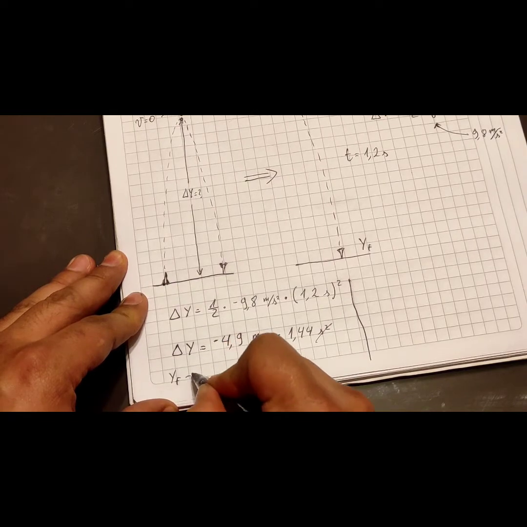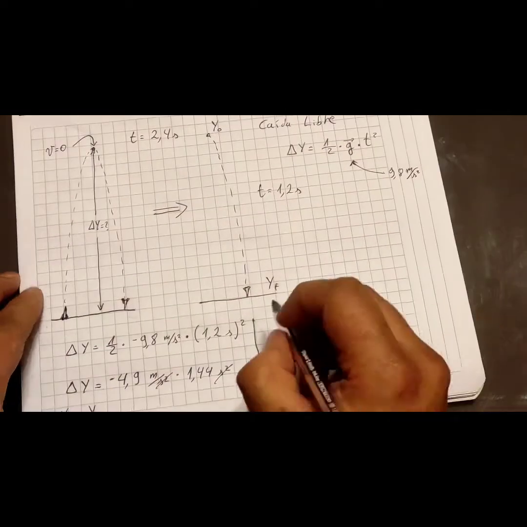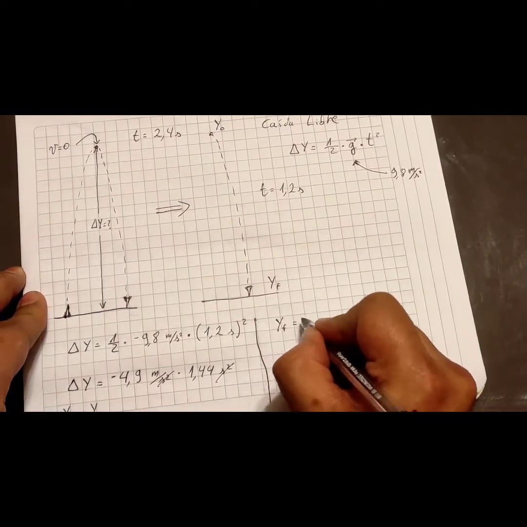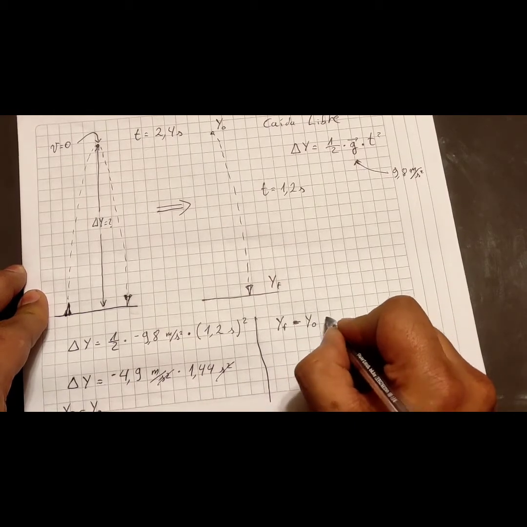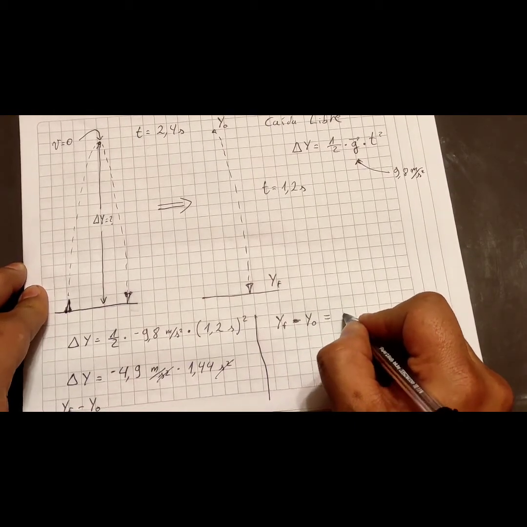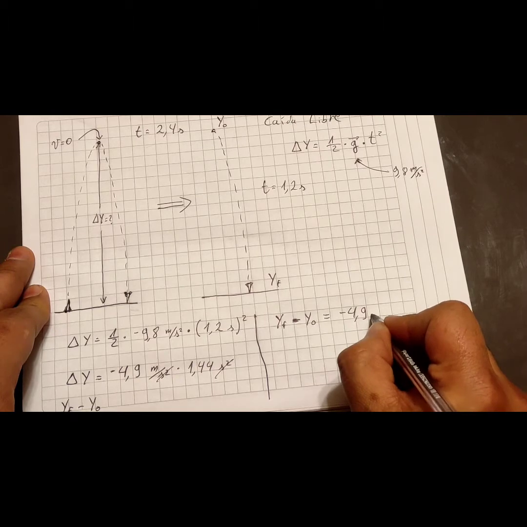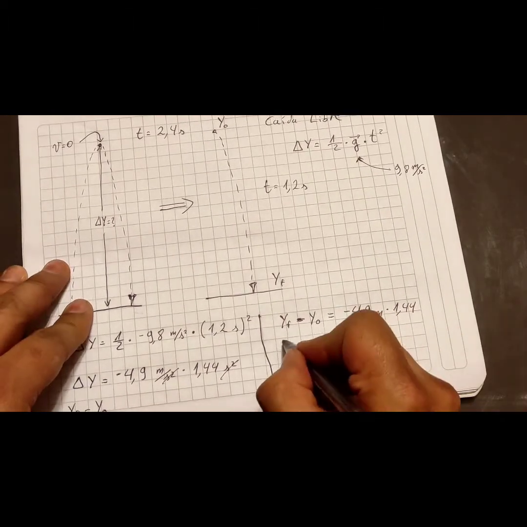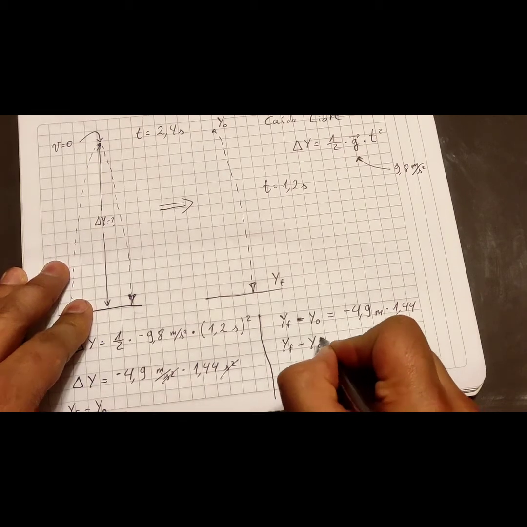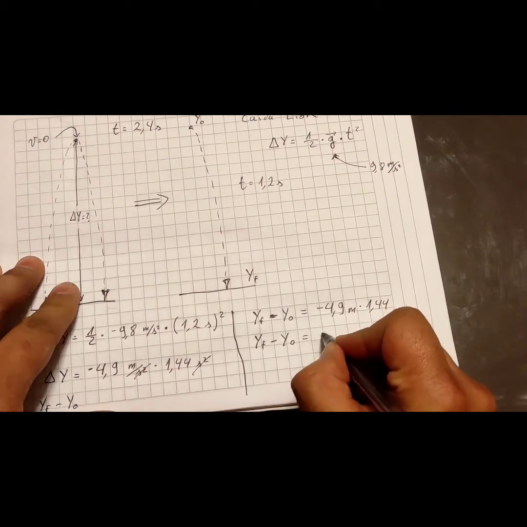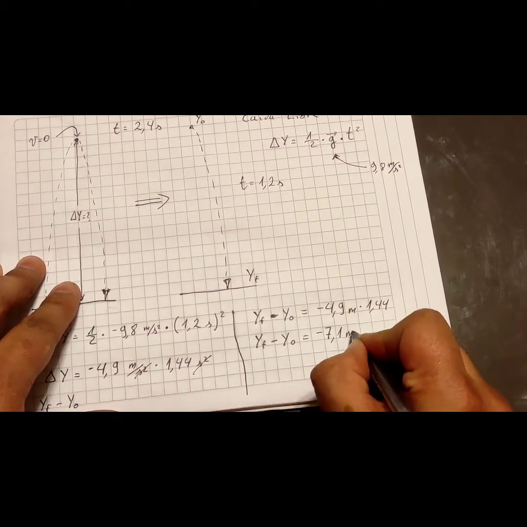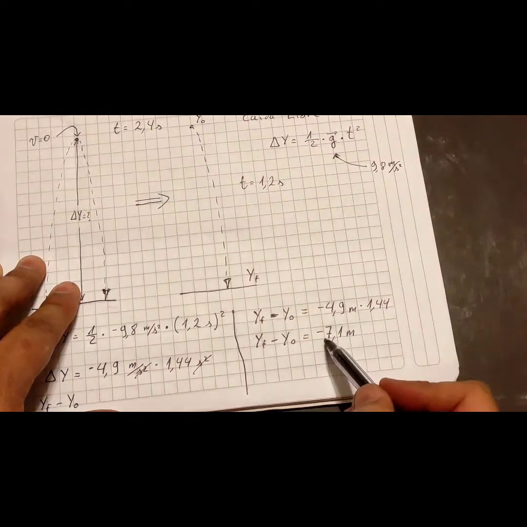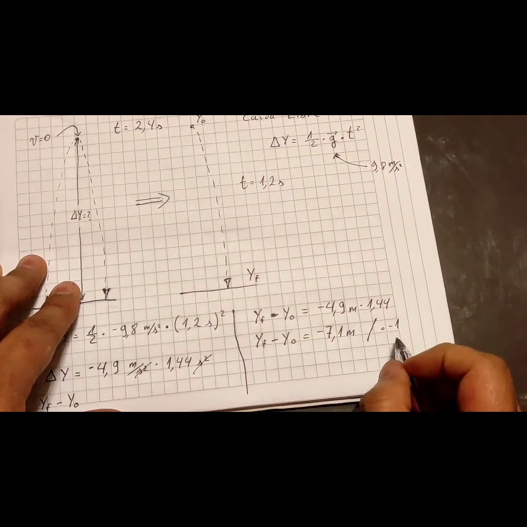Delta Y is the difference between locations, and that difference is the product of square time and half g. The difference is finally negative 7.1 meters.